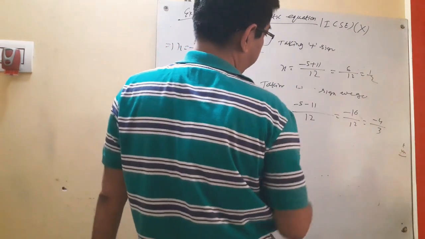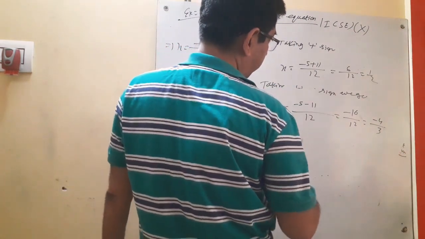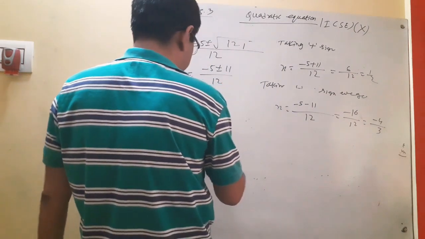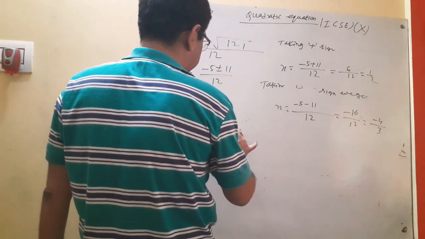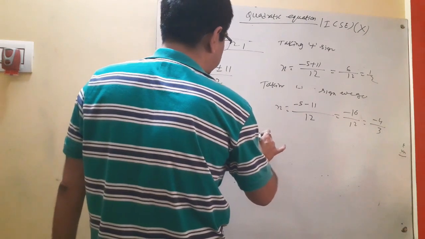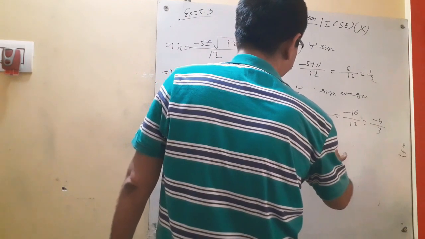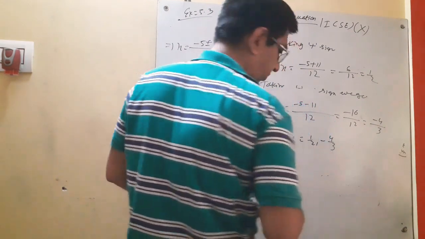So required solution: x equal to half, comma, minus 4 by 3, right?